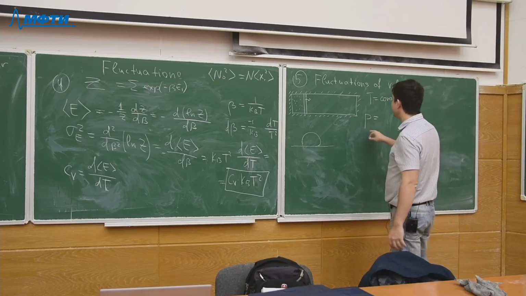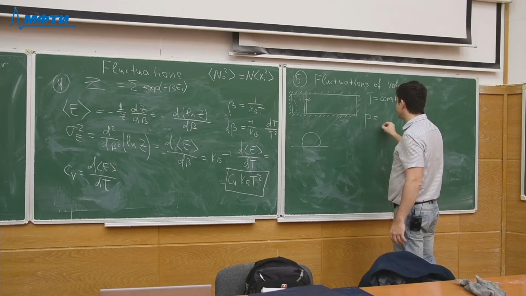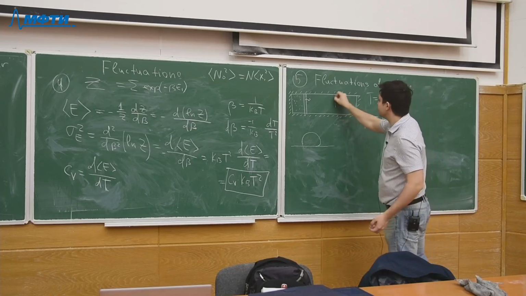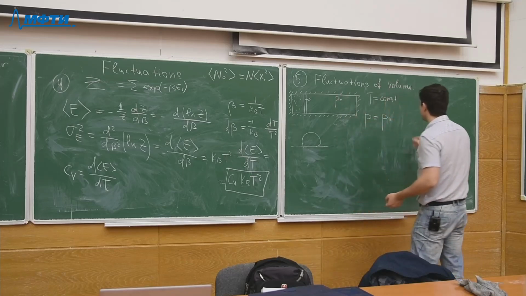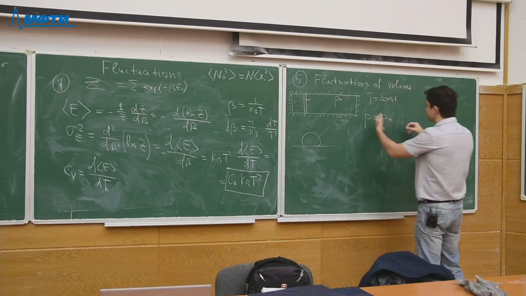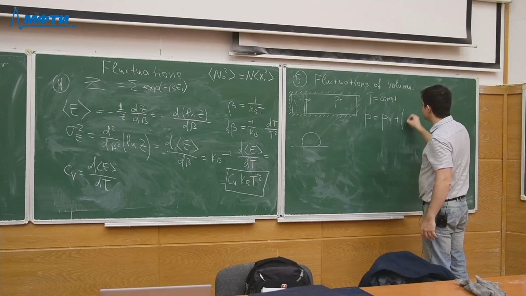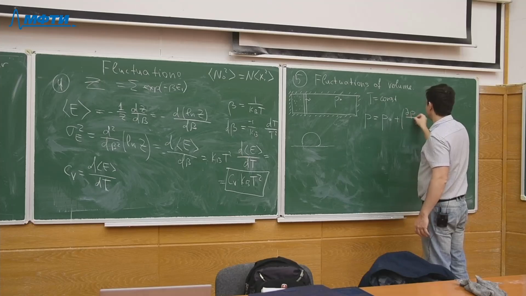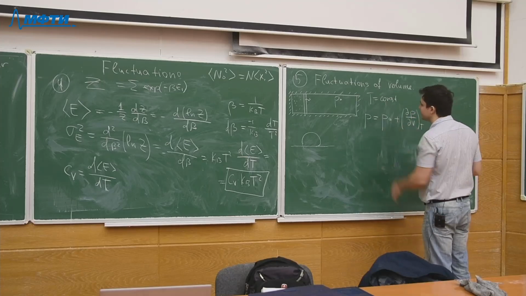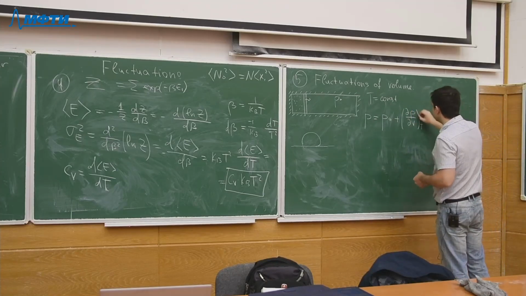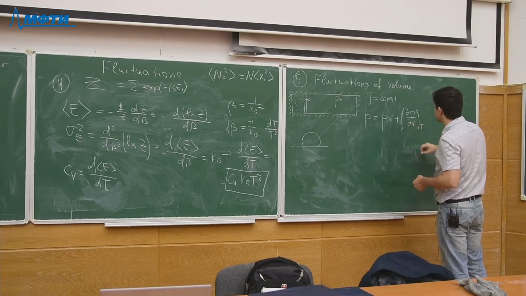So what I know is that pressure is equal to the outside pressure, or the equilibrium pressure. And now I'm going to do the Taylor expansion of that pressure as a function of volume. This is the partial derivative of pressure with respect to volume at constant temperature, because I keep the temperature of my system constant throughout all of these fluctuations.